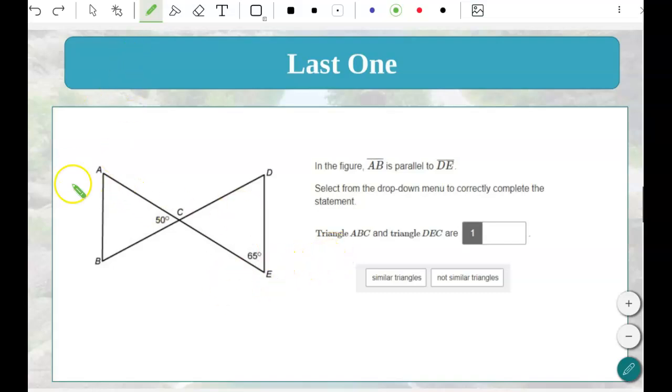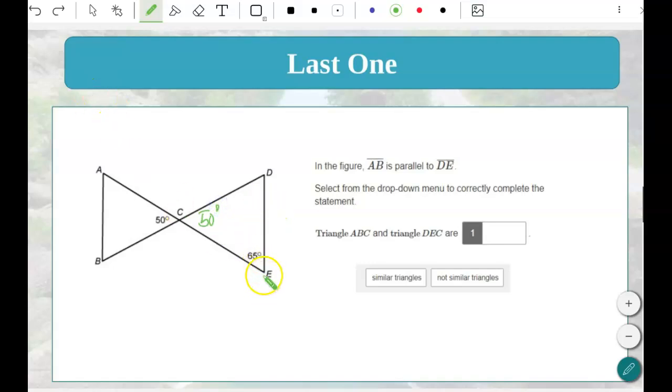When you know that AB is parallel to DE, then you could actually use the angle theorems that we've learned so far. We know that this one is 50.